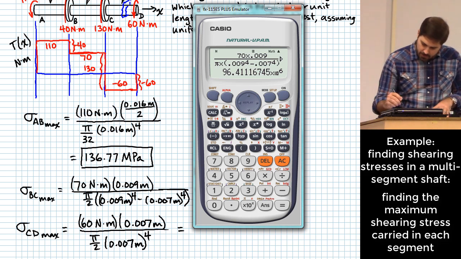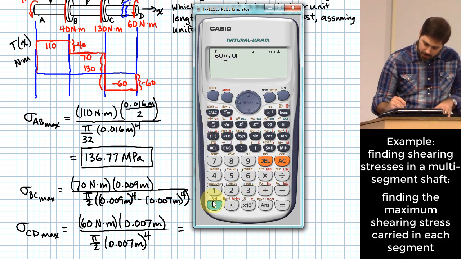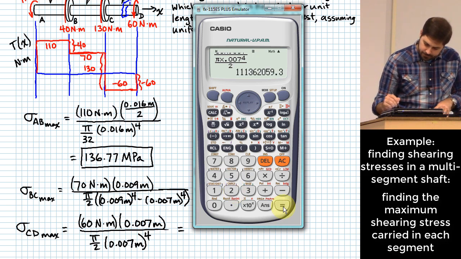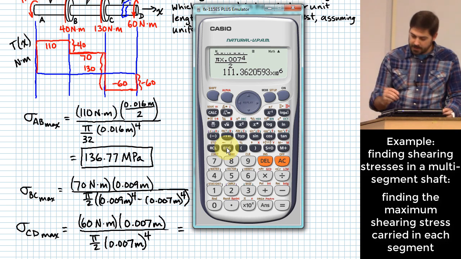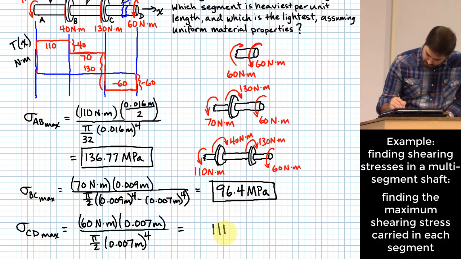So we'll put in here 60 times 0.007 divided by pi times 0.007 raised to the fourth over 2. This gives me 111.36 megapascals.